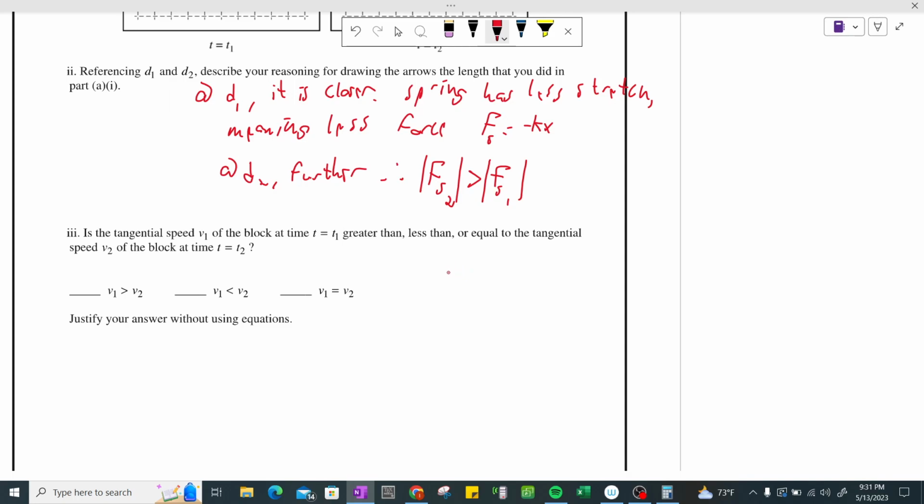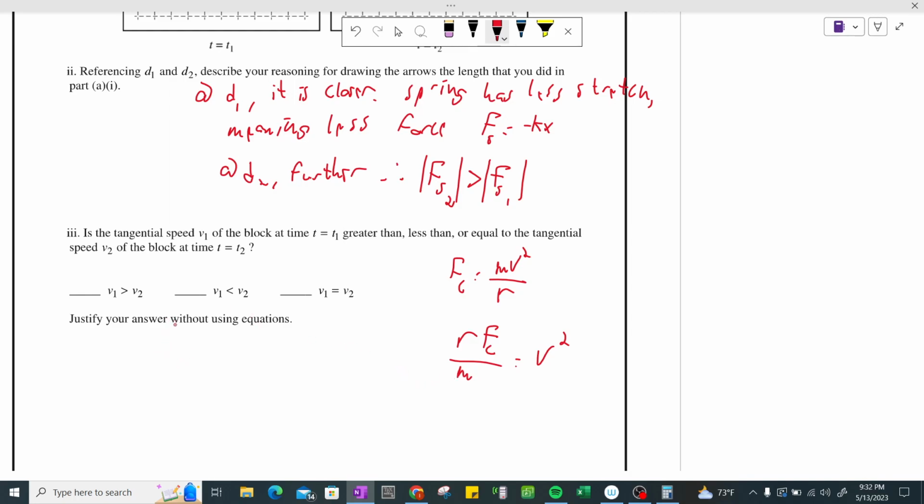Let's start with centripetal force equals mv squared over r, which means I could say r Fc over m equals v squared. So when I've got the bigger radius, it makes a bigger velocity. I've got more spring force, which makes a bigger velocity. I've got the same mass, which has no effect.